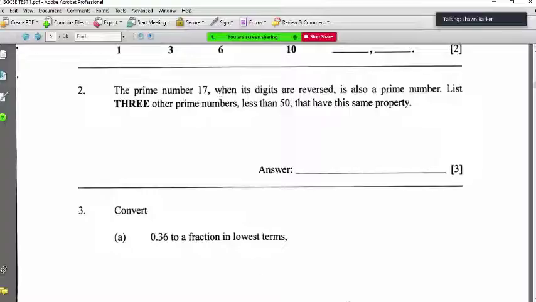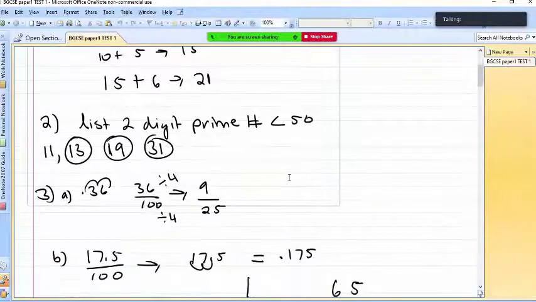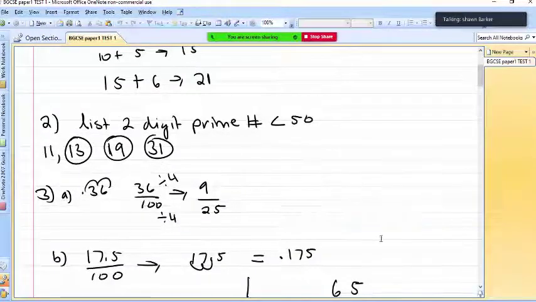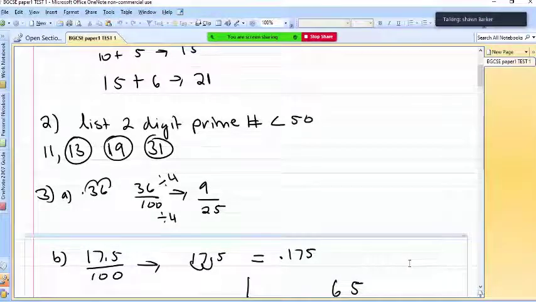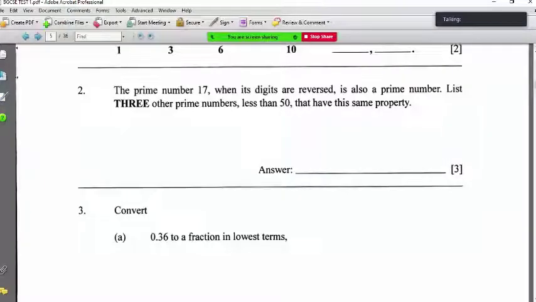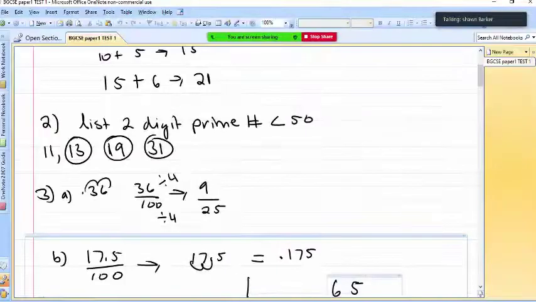And so here, if you're looking at 2-digit prime numbers less than 50, well, you can go up the list and first of all figure out what the prime numbers less than 50 are. So here you start off with 11, and you keep on going up: 13, 19, 31.